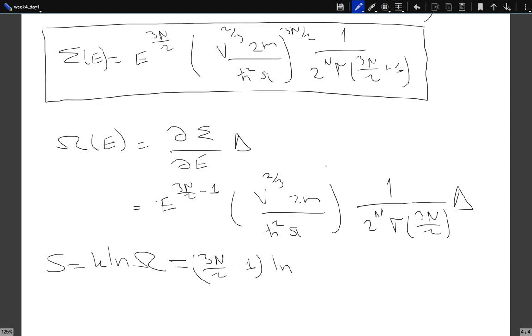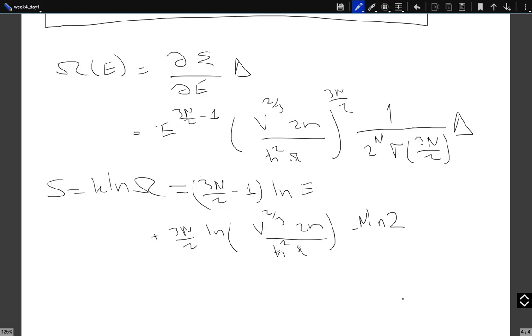So we have logarithm of E, plus 3n over 2 logarithm of V to the 2/3, 2m divided by h bar squared pi, minus n logarithm of 2, minus logarithm of gamma 3n over 2, plus logarithm of delta.